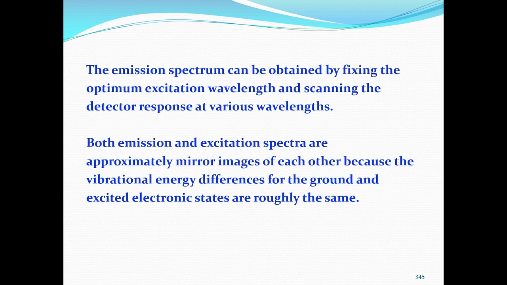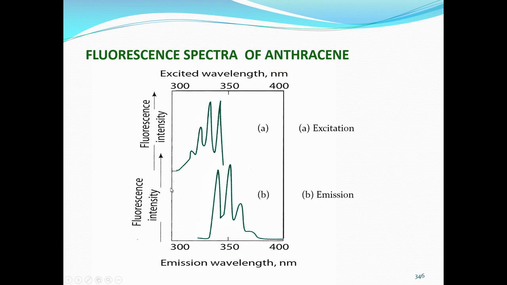This point I have already conveyed to you. The vibrational energy differences for the ground and excited states are essentially the same. That is why the spectra also look approximately similar. See for example, here in this figure you can see that the fluorescence intensity is plotted against emission wavelength.